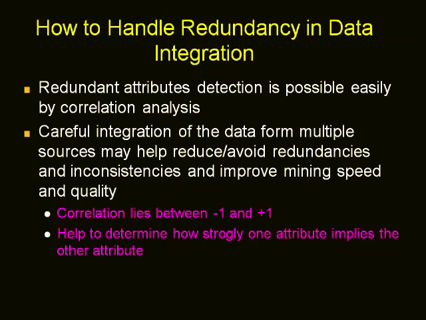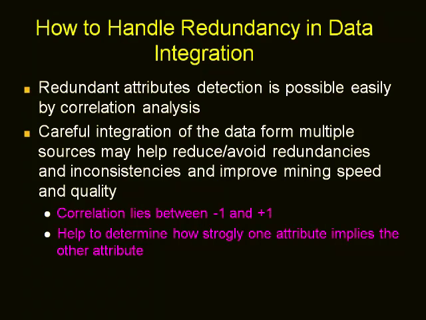Careful integration of data from multiple sources may help in reducing or avoiding redundancies and inconsistencies. So ultimately it improves the mining quality and the speed to mine the result. That means performance of mining gets improved. Then what is correlation, and how is correlation useful in detecting the attributes, will be discussed now.